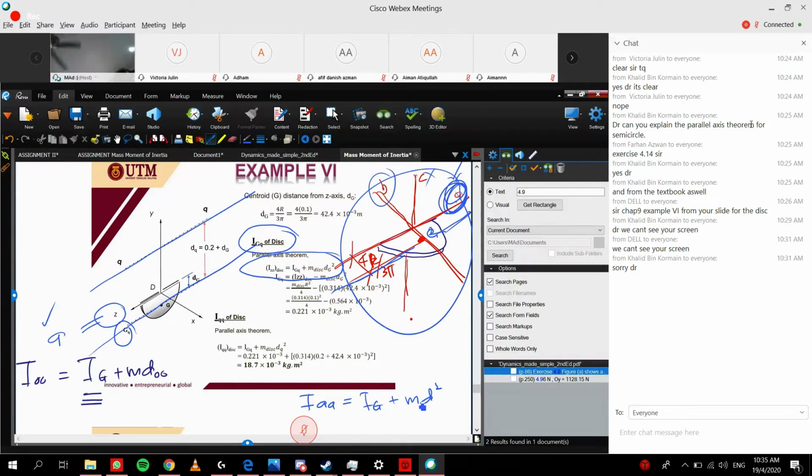So from this formula, we know I_AA, this I_AA or I_ZZ we know. And the distance b is also known, which is 4r over 3 pi. So from here we get our I_G. I_G is equal to I_AA minus M b squared. This is what I do here. Then you get your I_G.